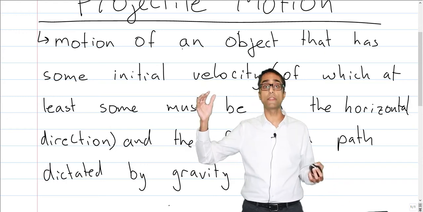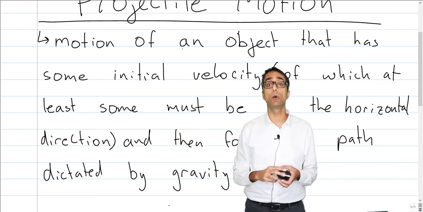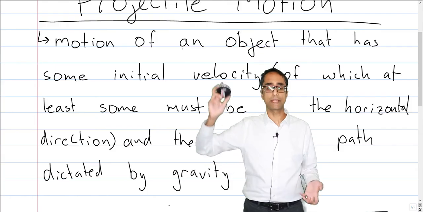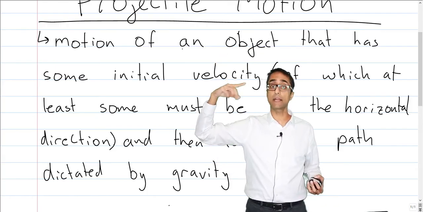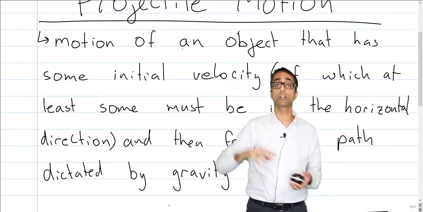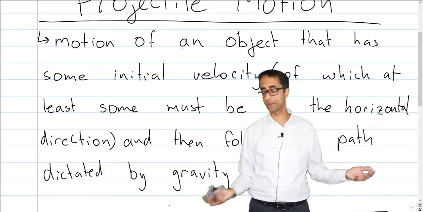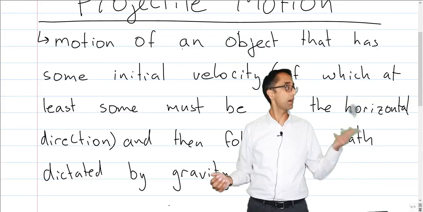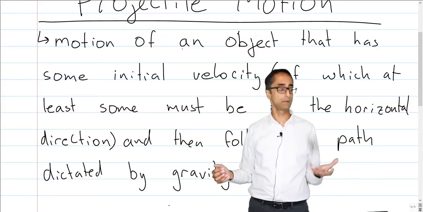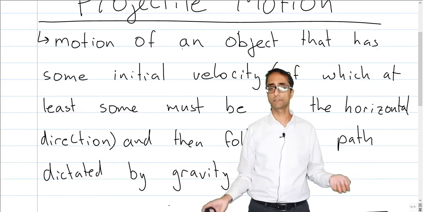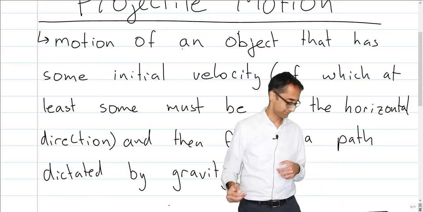Any kind of motion that way is projectile motion. And so whether I throw something downwards like that, as long as it's got some horizontal velocity component, or the more traditional projectile motion like that, these are all examples of projectile motion. It's kind of fun.